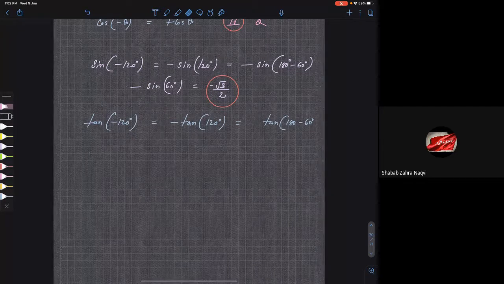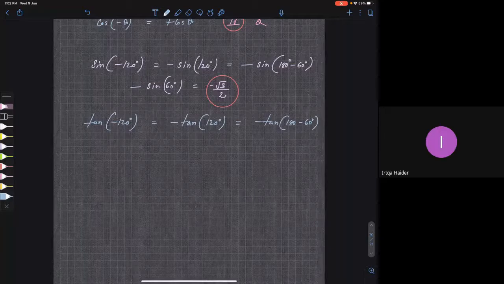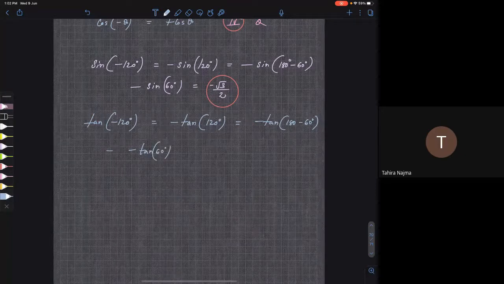Minus root 3? See, you have a minus sign already, but inside the brackets, what is tan of 180 minus 60? It is minus tan 60. Remember? Yesterday we have done.